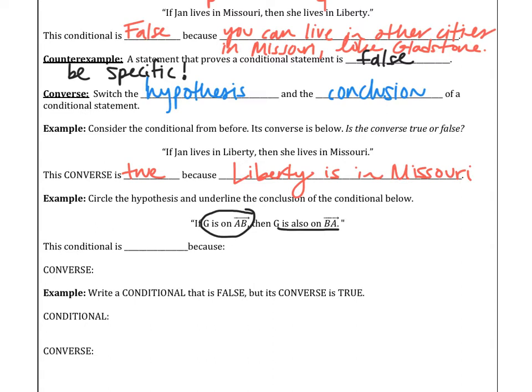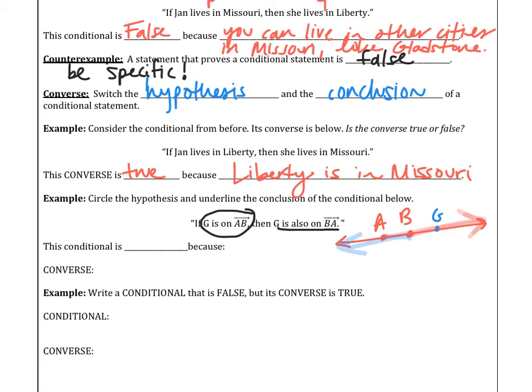Now we're going to decide if this one is true or false. So let's draw a picture. If G is on ray AB, so I'm going to make a line, put A and B here. If G is on this ray, so I'll go ahead and put G right there. If G is on ray AB, then it's saying it's also on ray BA, which would go this direction.